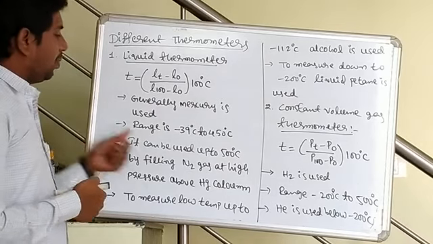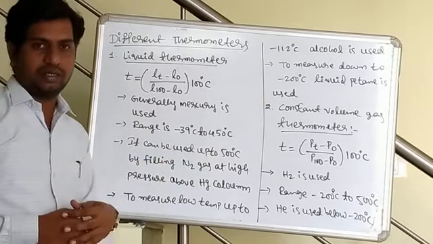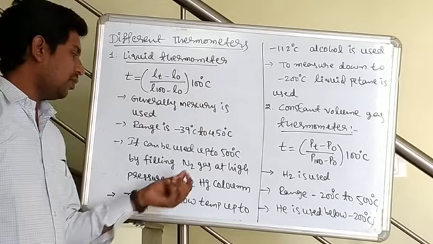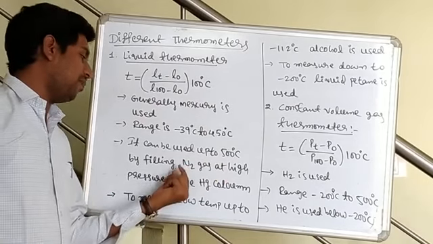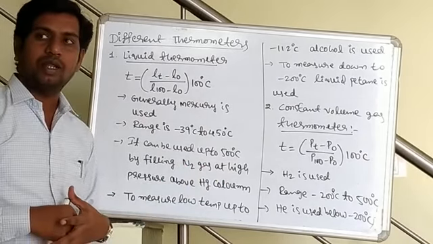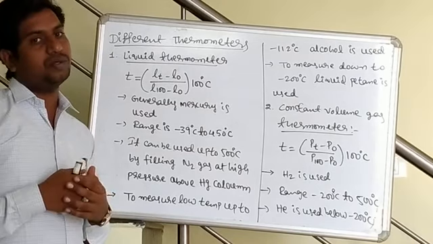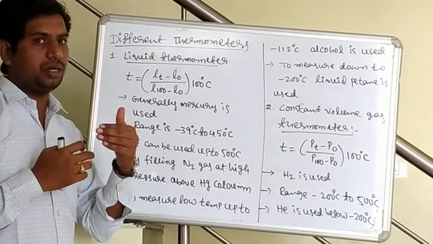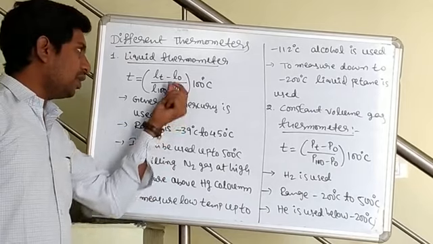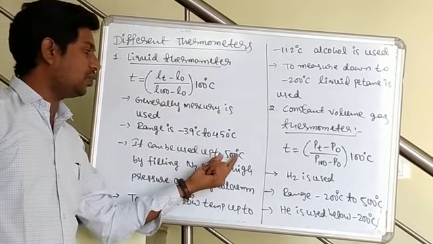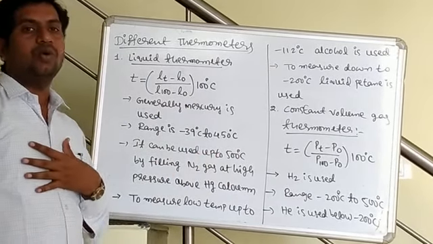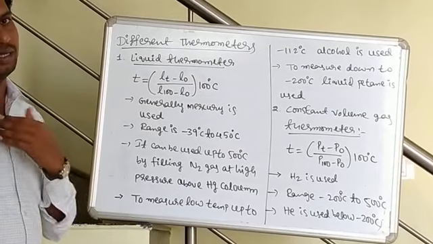But it can be used up to 500 degrees Celsius by filling nitrogen gas at high pressure above the mercury column. By doing so, the same thermometer can measure up to 500 degrees Celsius.